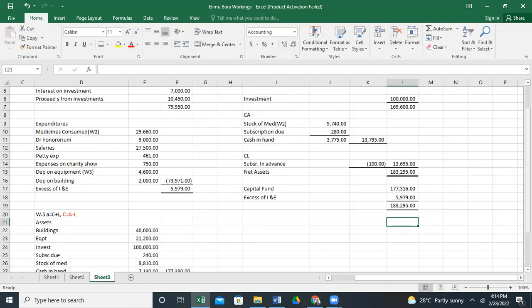So that's it. What I needed to emphasize is that institutions and not-for-profit making entities do not have a trading account because they are meant to provide services, social services more so, that touch on human life and their knowledge, or what we call the tacit part of the human being, their body health and the tacit health, which is knowledge.